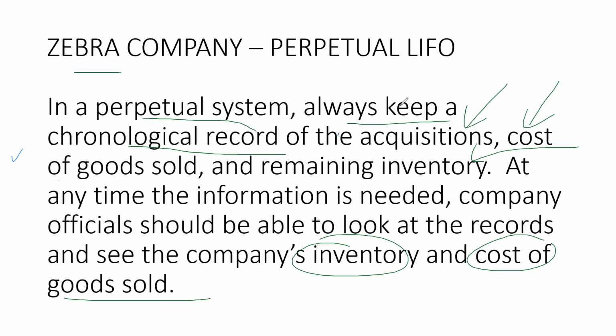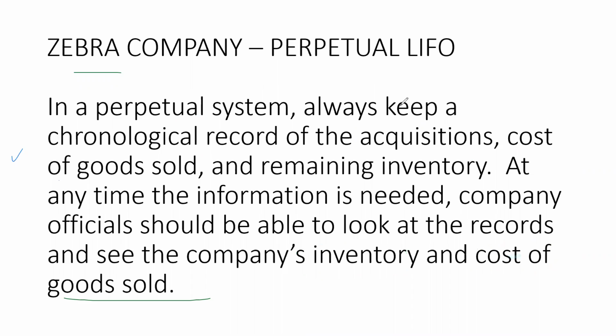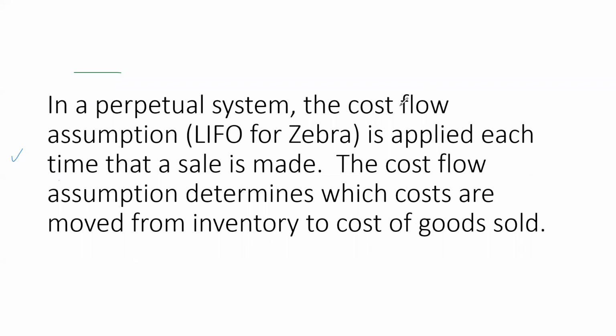Clearly, once you get into a computer system, it's a bit more expensive, but the information is there and the information is current. This makes this a much more informative system for us. But you're going to keep things in a chronological order. Keep that in mind, because that's the key to a perpetual inventory system, keeping up with the inventory as you go along.